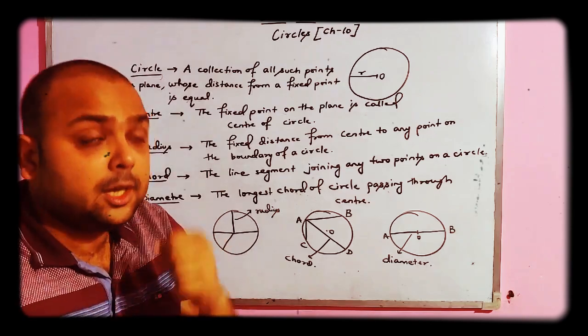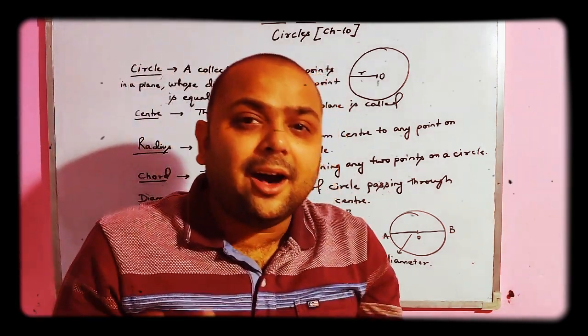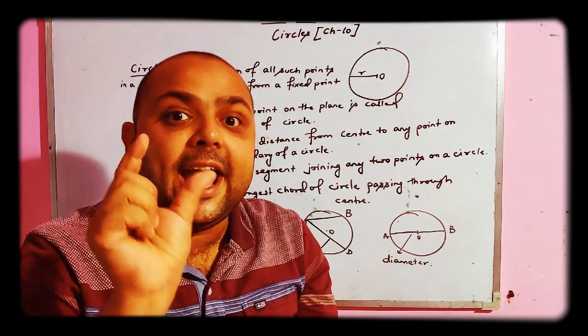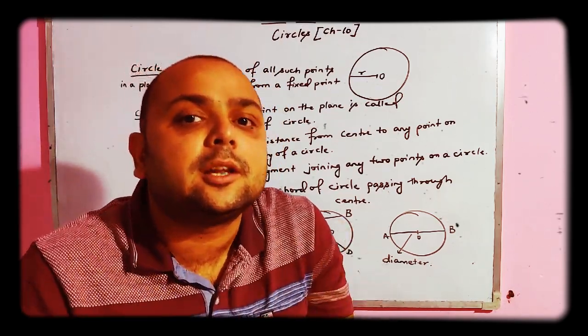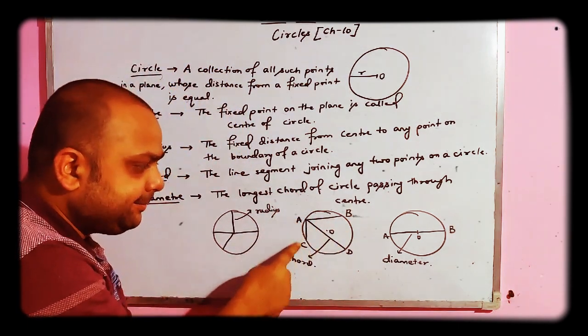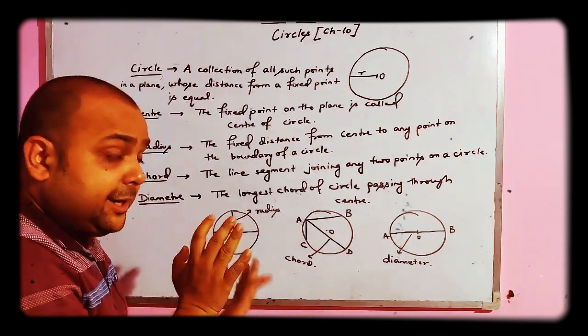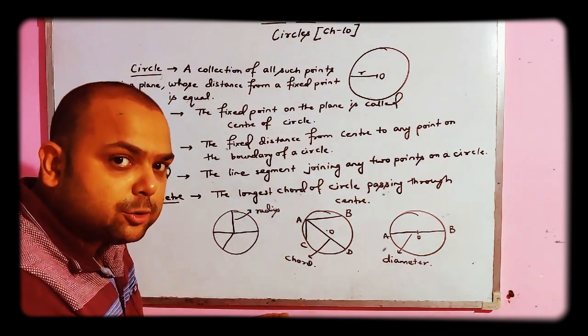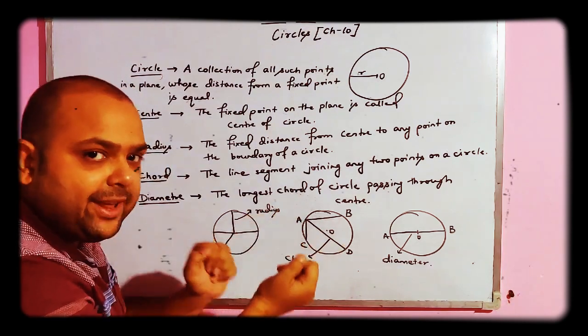Next, chord. You all know about a chord. A line segment joining any two points on a circle is called a chord. Like this, joining any two points. It is not a line, it is a line segment, so it should lie within the circle only, on the circumference.